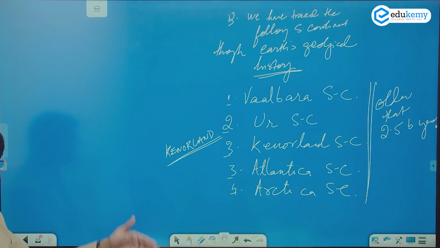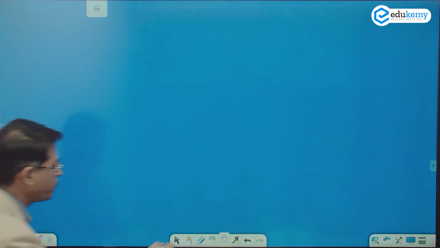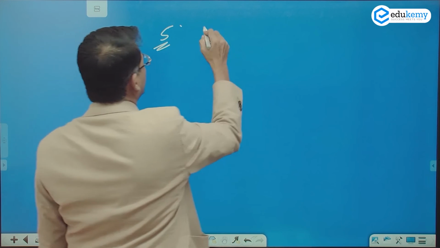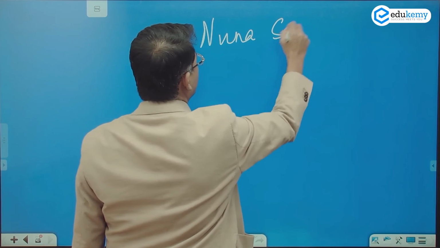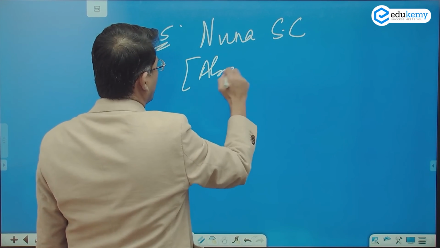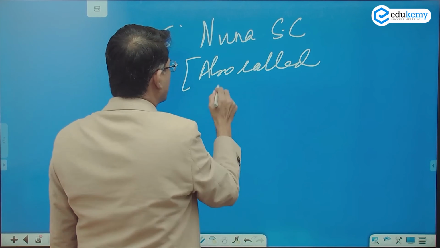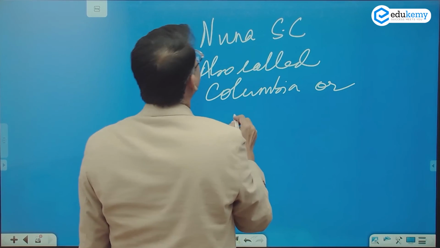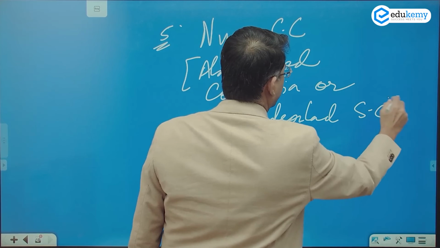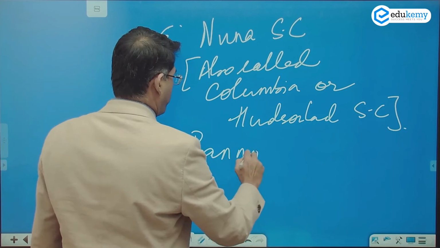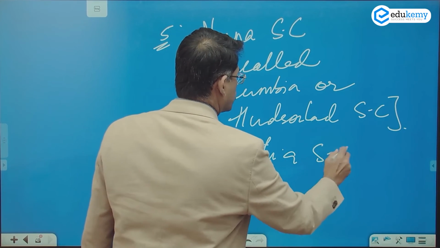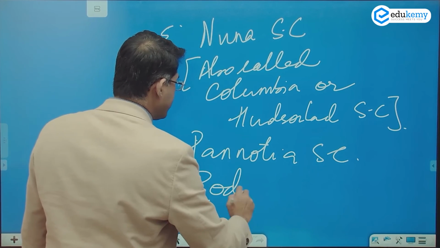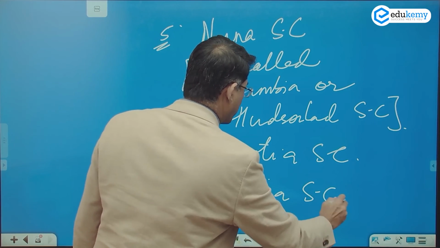Some of the names of supercontinents: Arctica, and we have some more of them. We have a Nuna supercontinent, also called Columbia or Hudsonland supercontinent. We have Pannotia supercontinent, Rodinia supercontinent.